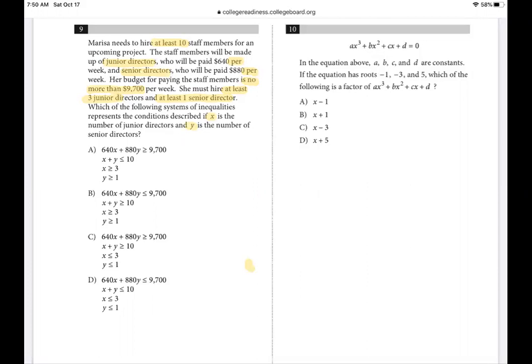For number 10, the hint for this one is the zero product property. What the zero product property says is that if you have a factor of 0, the result has to be 0.